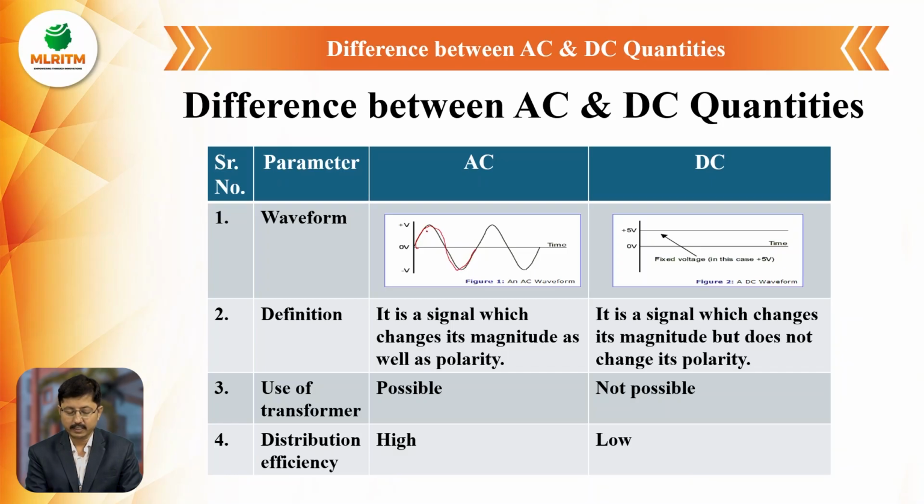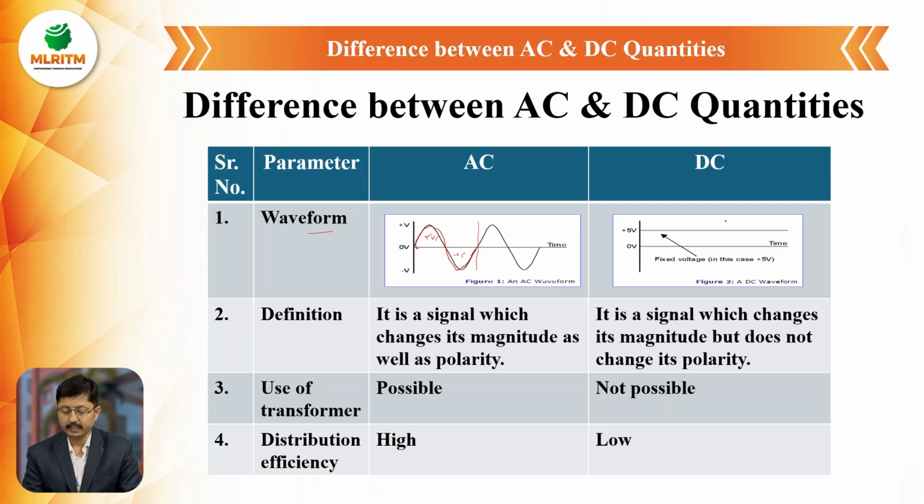From instant to instant its value changes, and we see a positive half cycle and a negative half cycle. This is one complete cycle, and this cycle repeats. From the waveform point of view, the waveform alternately changes with respect to time.